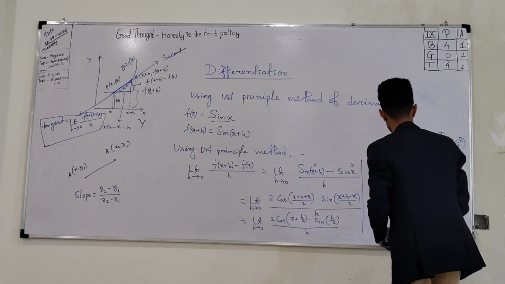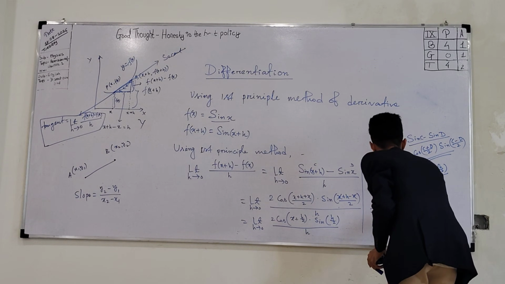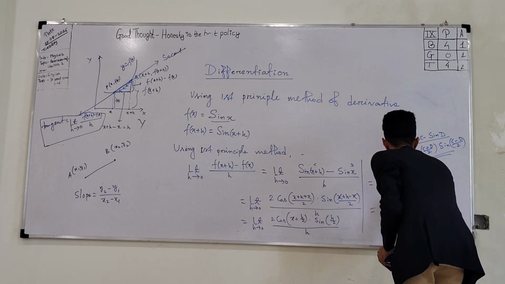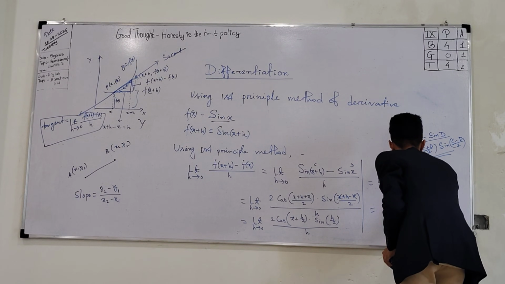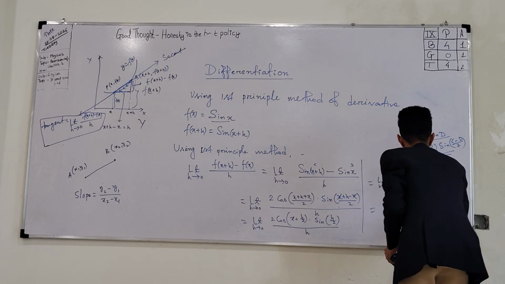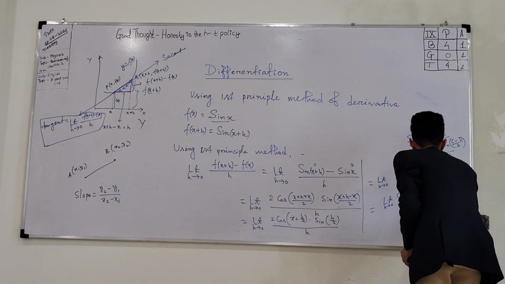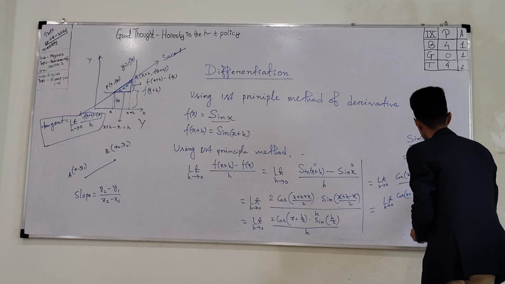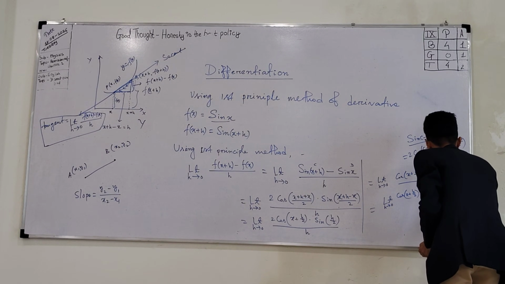In that way you can write. Now using the limit formula we get cos of x plus h by 2 into limit h by 2 tends to 0. If h tends to 0, then h by 2 tends to 0 also. Sin of h by 2 divided by h by 2.